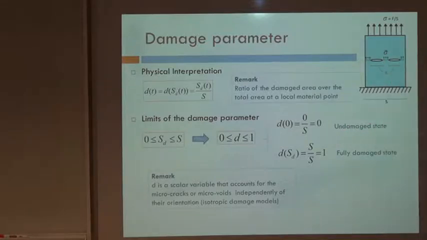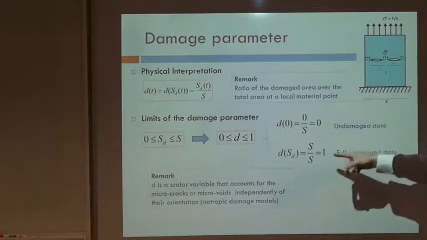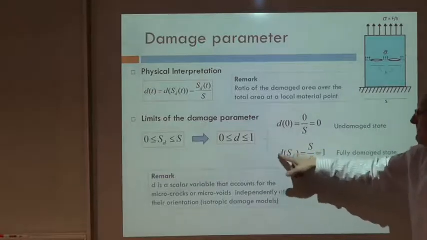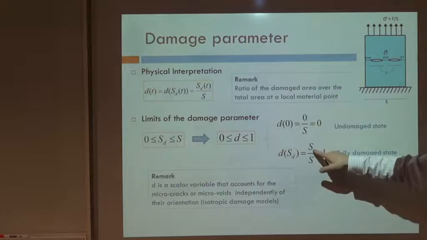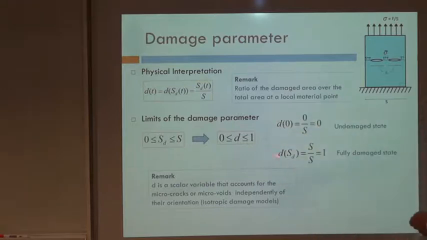Maybe this undamaged state also takes place for certain values of the stresses, which are not necessarily 0, but maybe below a certain threshold. And also the damage evolves, D is missing here, in terms of this ratio, and the maximum for fully damaged state is when the damage variable is 1.